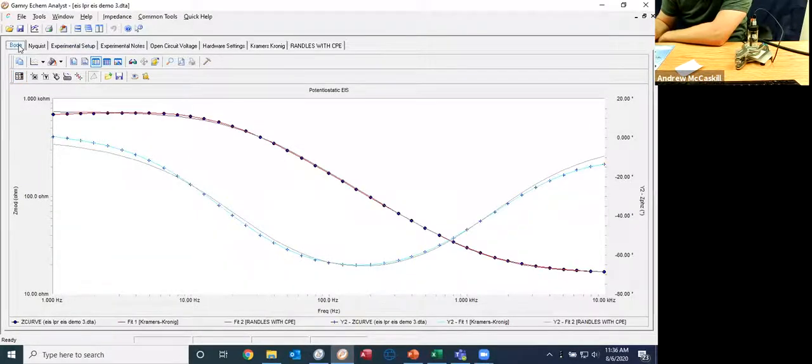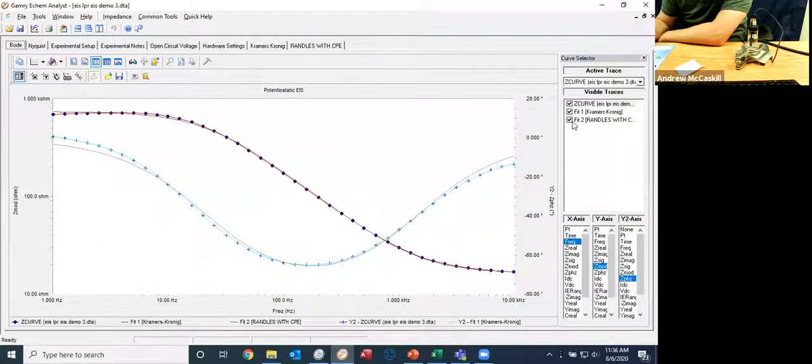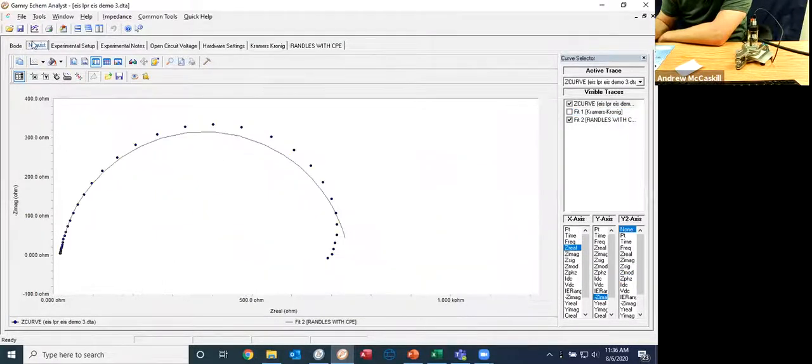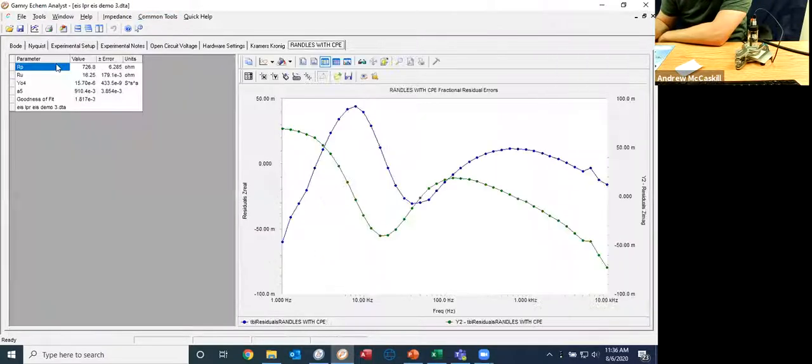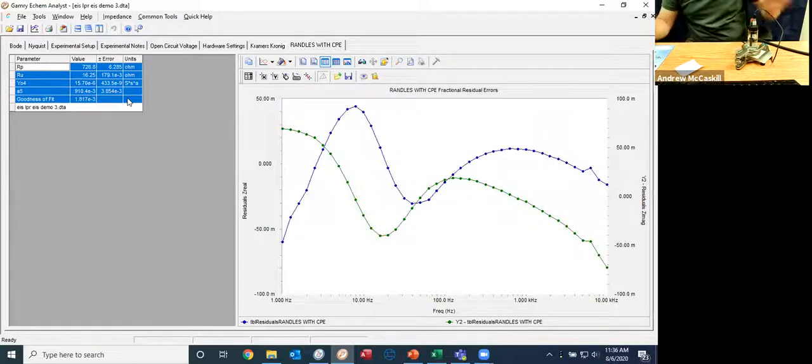The Bode data always makes it look a little bit better. If you're a visual person, you might prefer looking at the Bode fit when you want to fit your data. It's like, oh, that looks so much better. But at the end of the day, it's the same either way. So let me copy these so I can show them to you in Excel.